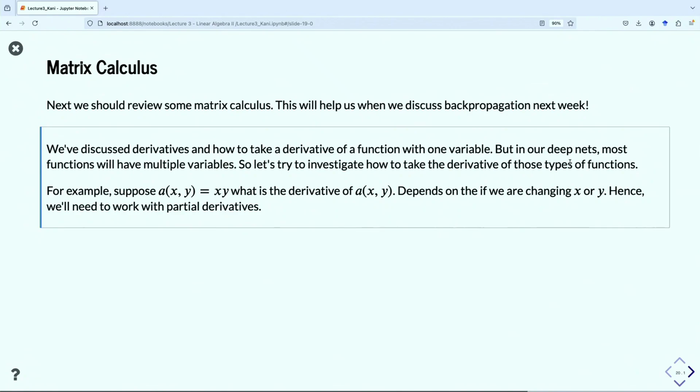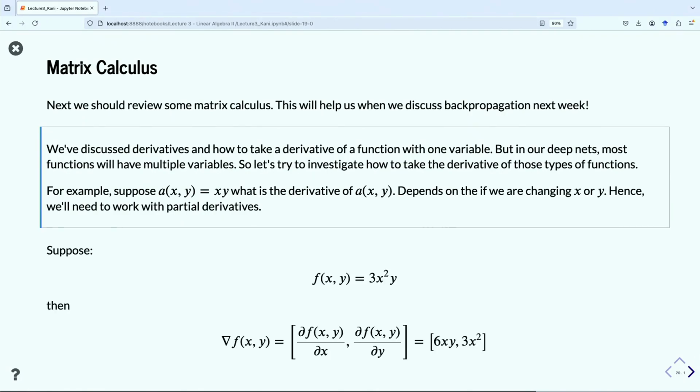So we have to go from simple derivatives into working with partial derivatives. And how do we represent large networks of partial derivatives, okay? So for instance, we have a slightly more complex equation, f of x, y is equal to 3x squared y.